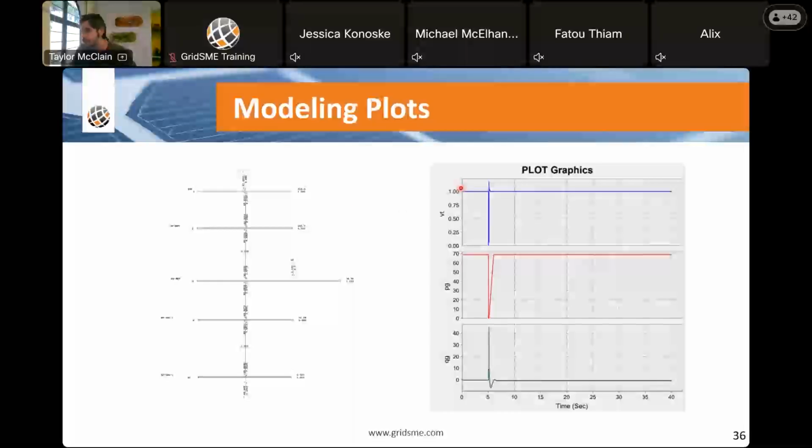And then your dynamic model, here you can see this is run from 0 to 40 seconds, and a fault was applied at 5 seconds. This gives you an indication of how your dynamic model reacts to a disturbance on the system. So with that, we are at the end.